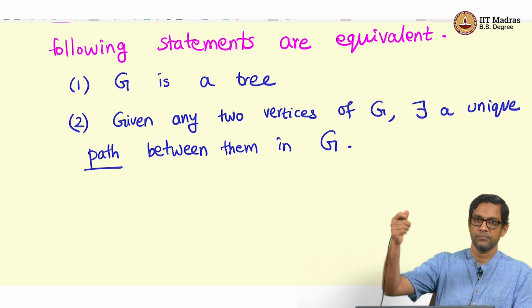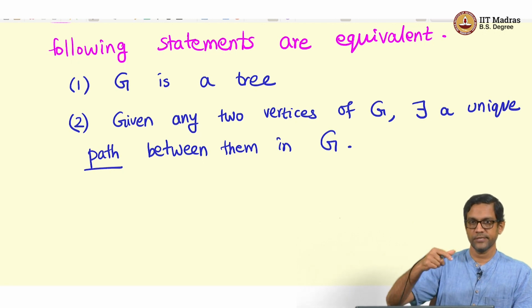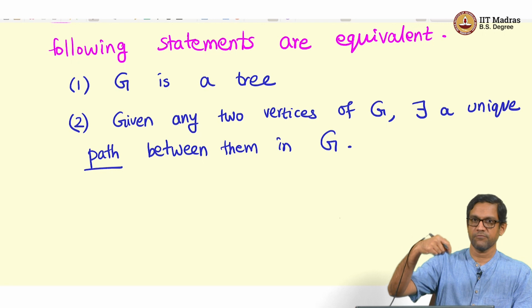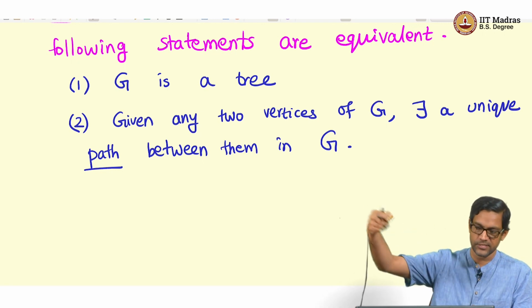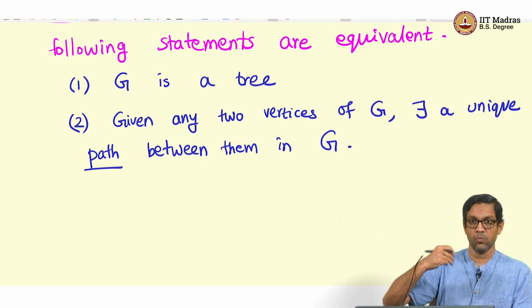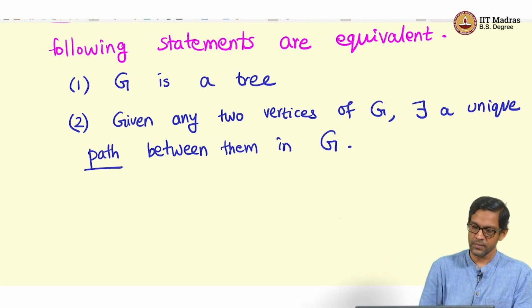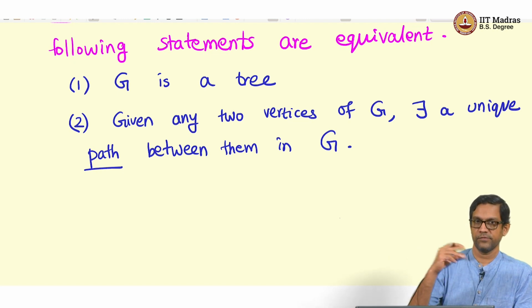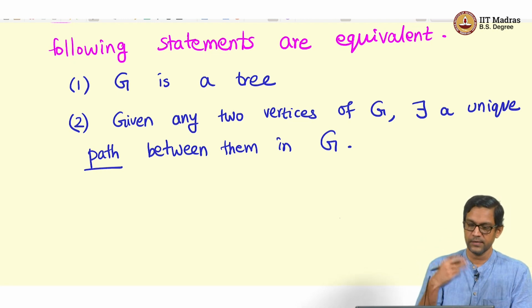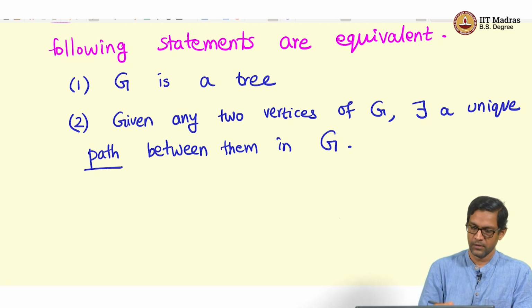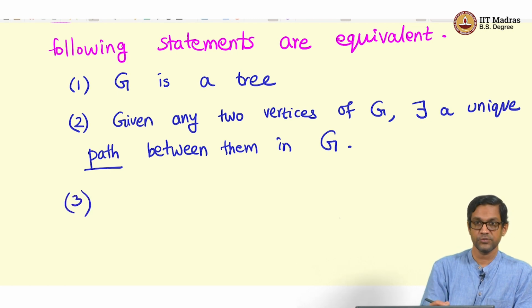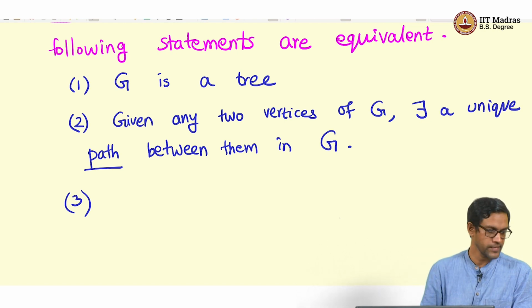It is a walk, meaning a sequence of vertices and edges, reaching the next vertex, then following the next edge, going to the next vertex, and so on. And such a thing was a walk that we defined earlier. And a path is just a walk in which you don't come back to the same vertex more than once. You don't return to any vertex of the walk. So you have all distinct vertices. That's what a path was. Okay, so that's the second statement. Given any two vertices, you can find just a single path between them in the graph. That's equivalent to saying G is a tree.